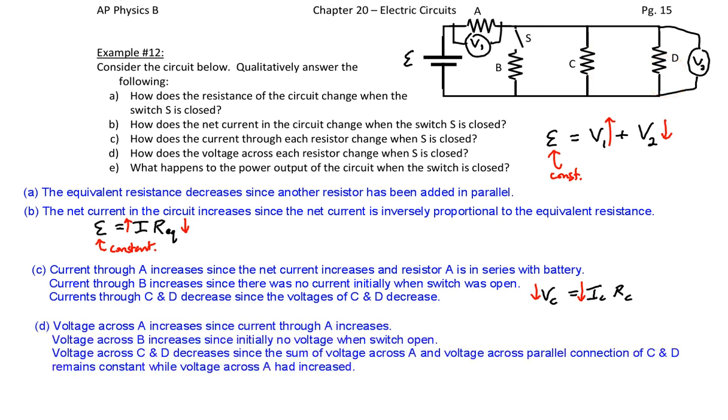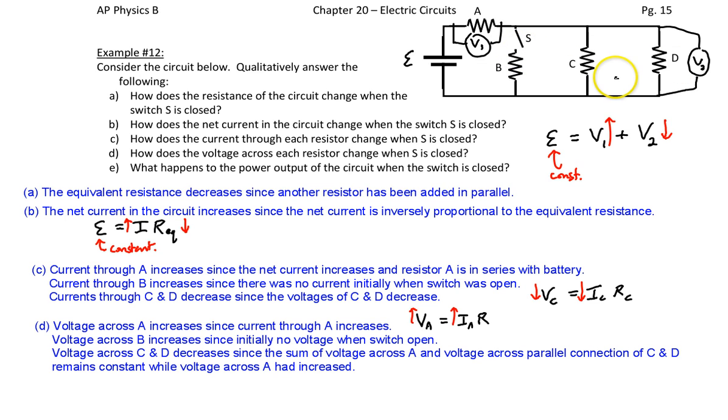So once again, to summarize, the voltage of A has increased because the current through resistance A has increased. And the same reasoning can be used for B, because there was no current through it initially, so no voltage, and then suddenly there is current going through this branch, and hence there is voltage across that resistor.